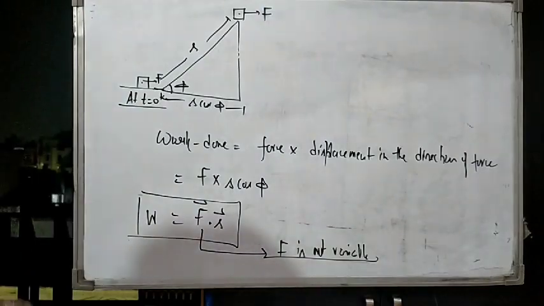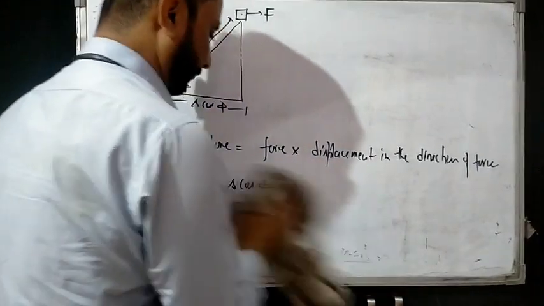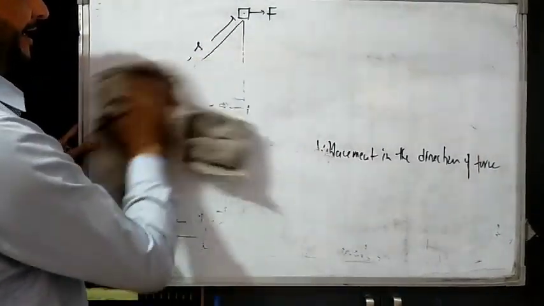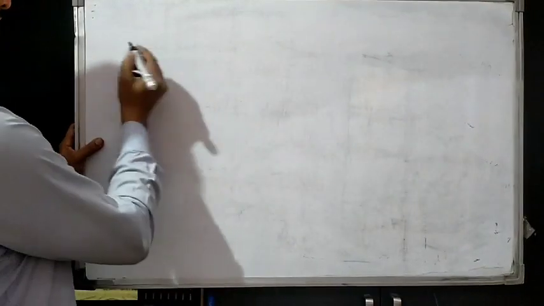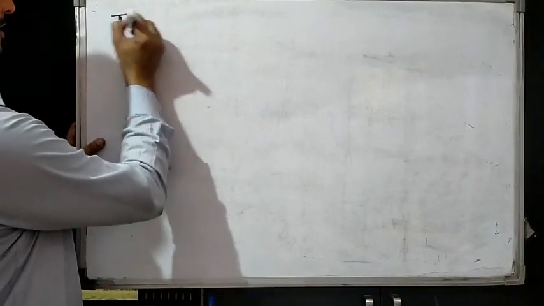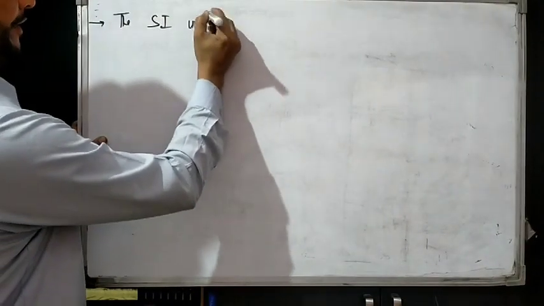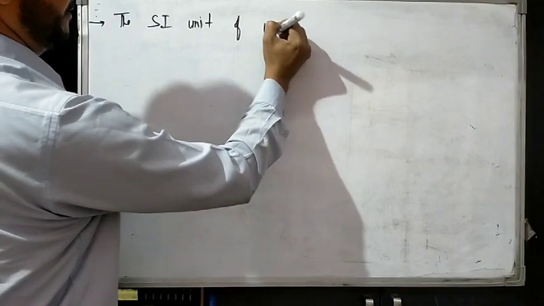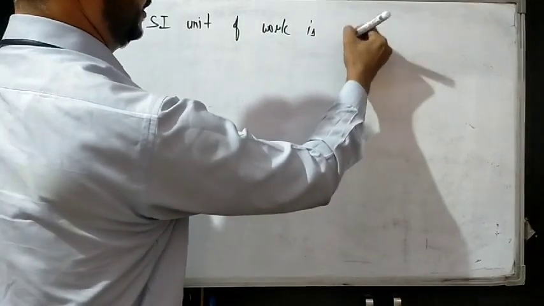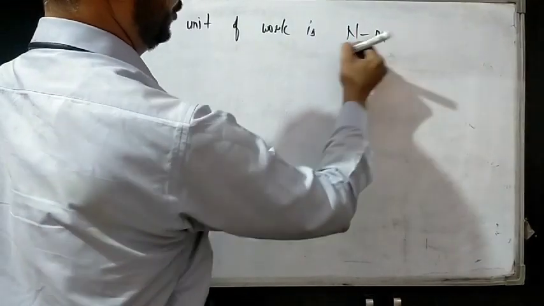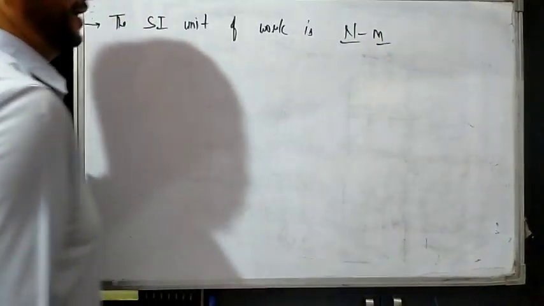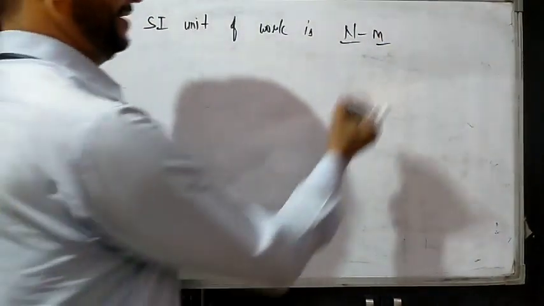Before proceeding further, I would like to introduce the SI unit and dimension, which are important from the point of view of NEET and JEE Main, and some commonly used units of work. Note it down. The SI unit of work is Newton meter. No, do not write Newton meter. Write it as Joule.